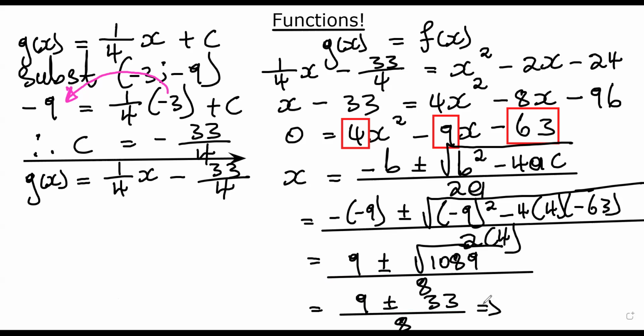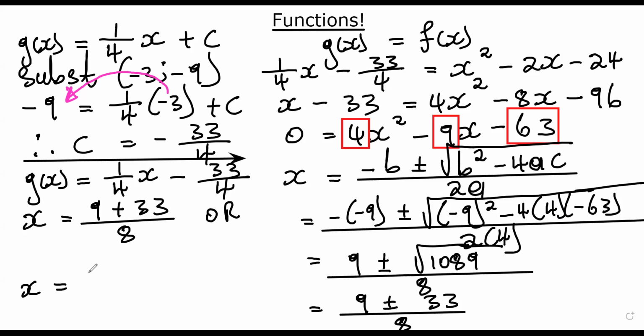So now you're going to separate your solution. No, it's better to write it here. So you'll say, well, x equals 9 plus 33 divided by 8, or x equals 9 minus 33 divided by 8 as well.